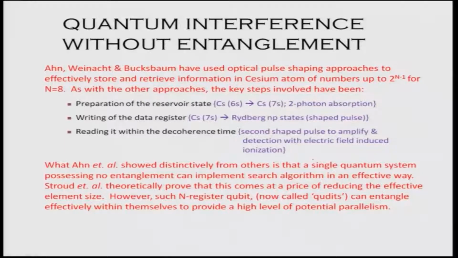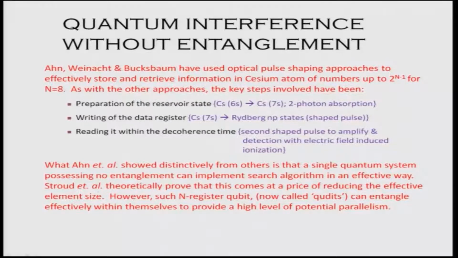So, their advantage was that they were able to distinctively show that single quantum systems possessing no entanglement can implement such algorithms, in the same spirit as the optical waves without any entanglement could show Grover's algorithm also.